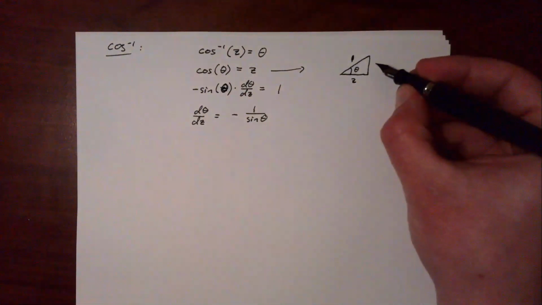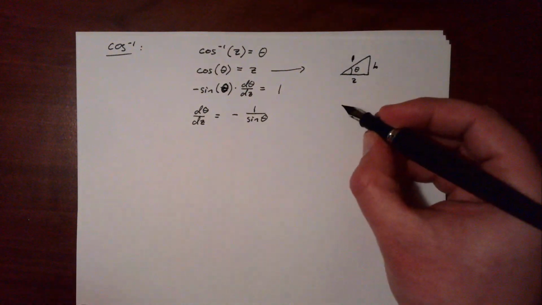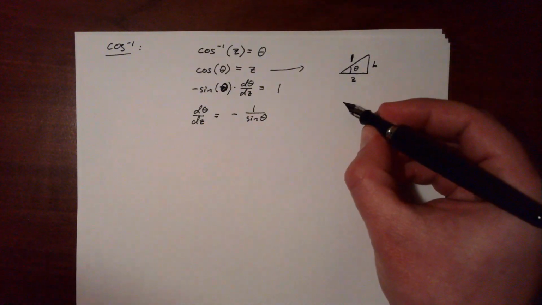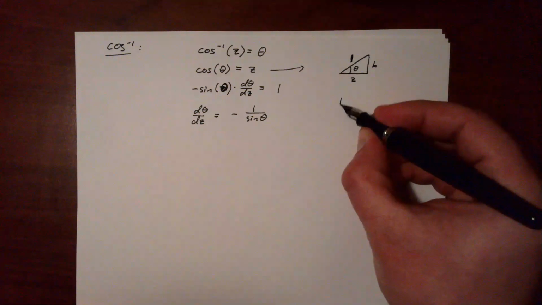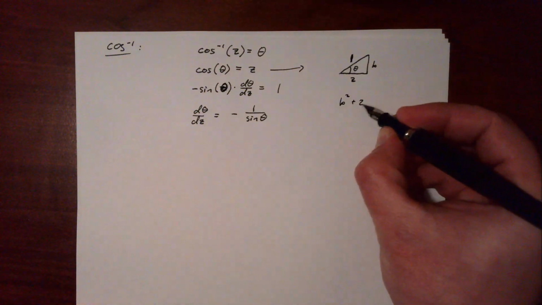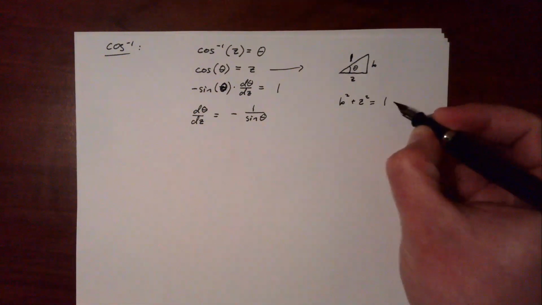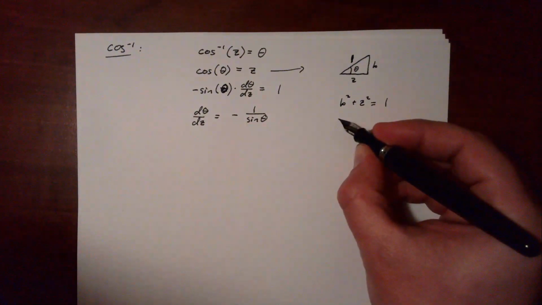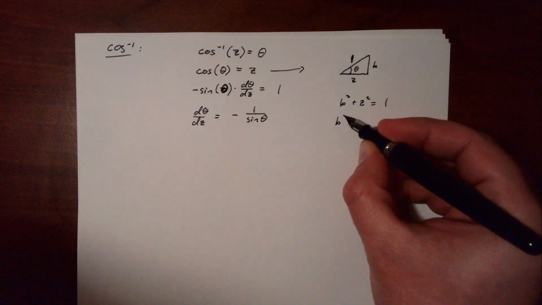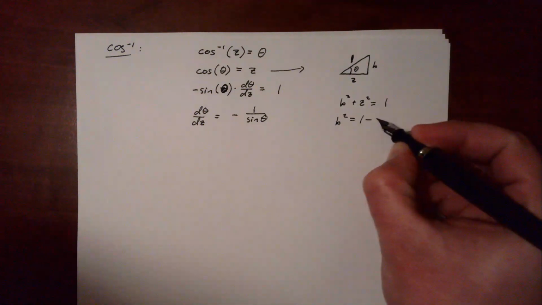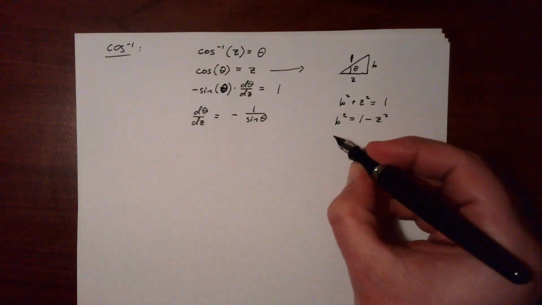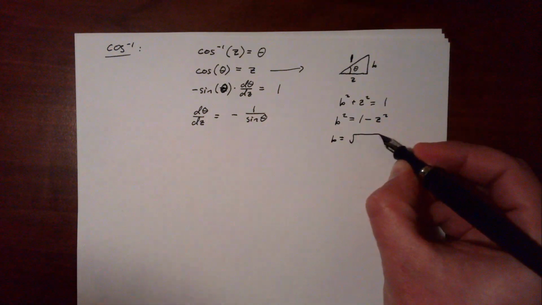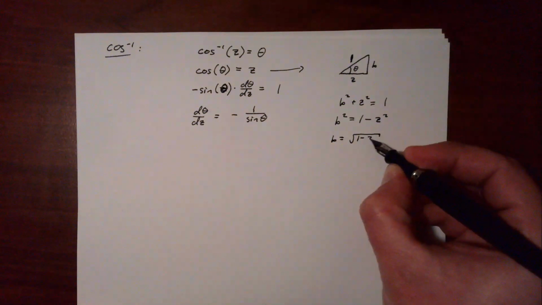So then the question is, what is this other side, which I'll just call b now, to avoid overlapping with what we were saying before. So then we can use the Pythagorean theorem again and say b squared plus z squared equals 1 squared, but 1 squared is just 1. So then that means that b squared equals 1 minus z squared. And that means that b is again equal to just the square root of 1 minus z squared.